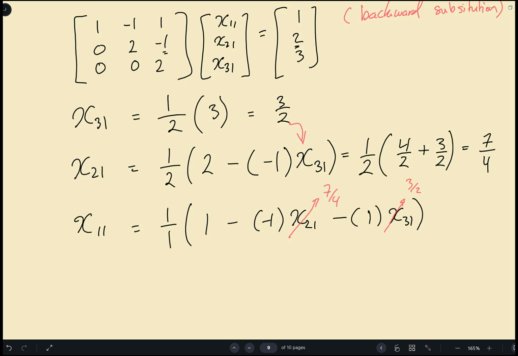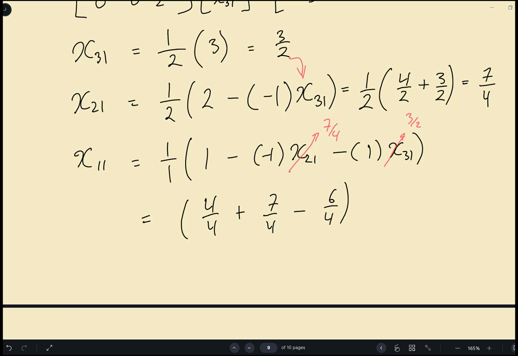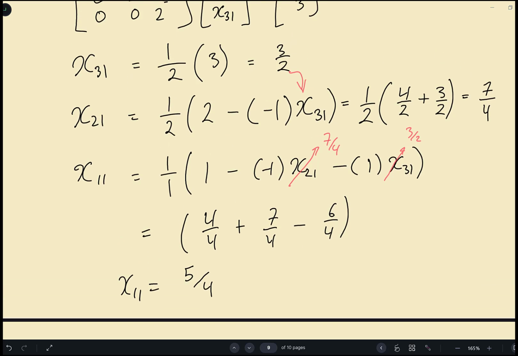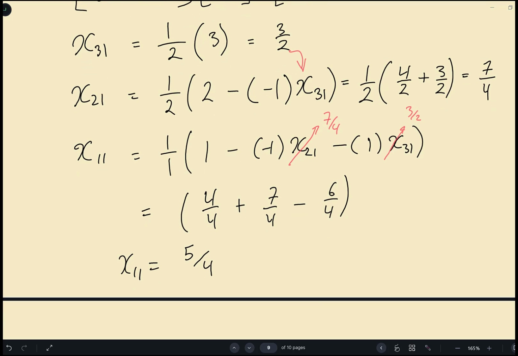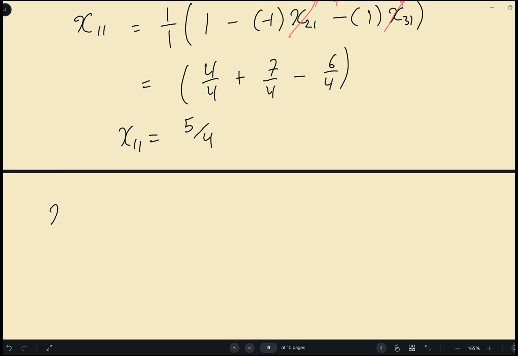Then you do the math in here, so you're going to have essentially 4 over 4 plus 7 over 4 minus 6 over 4 by doing this common denominator, and then we get that the value of x11 is 5 over 4. So now we've solved for the unknown x values using LU decomposition for this given problem.